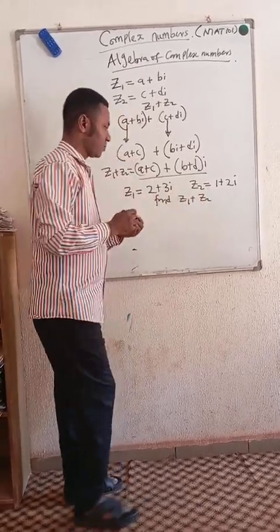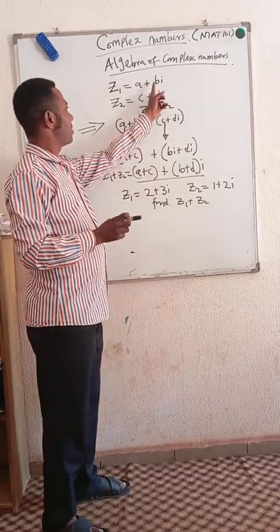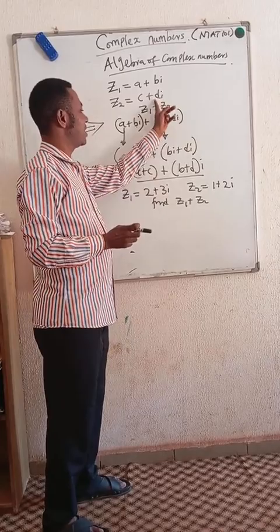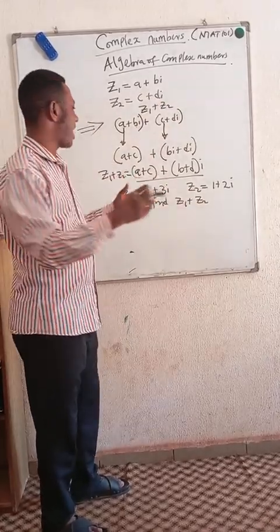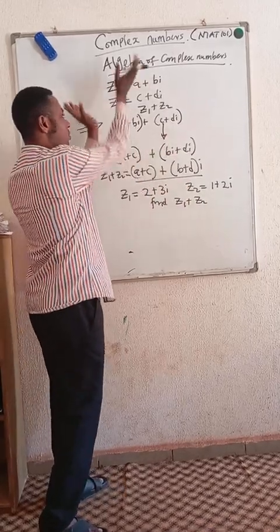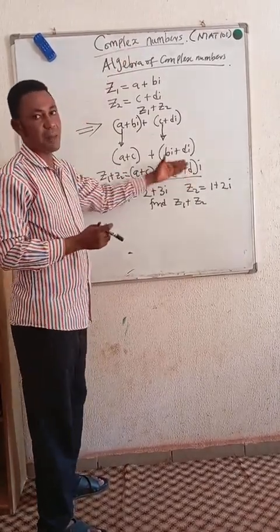If you check very well, a is 2, b is 3, c is 1, d is 2. So we're going to add z1 and z2 using the same process above. Mind you, that was a generic case, but this is a particular case.